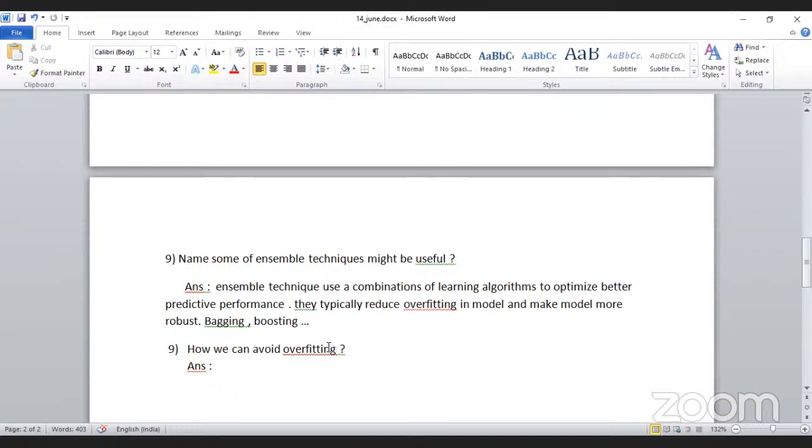How can we avoid overfitting? Yes, guys. How can we avoid overfitting?